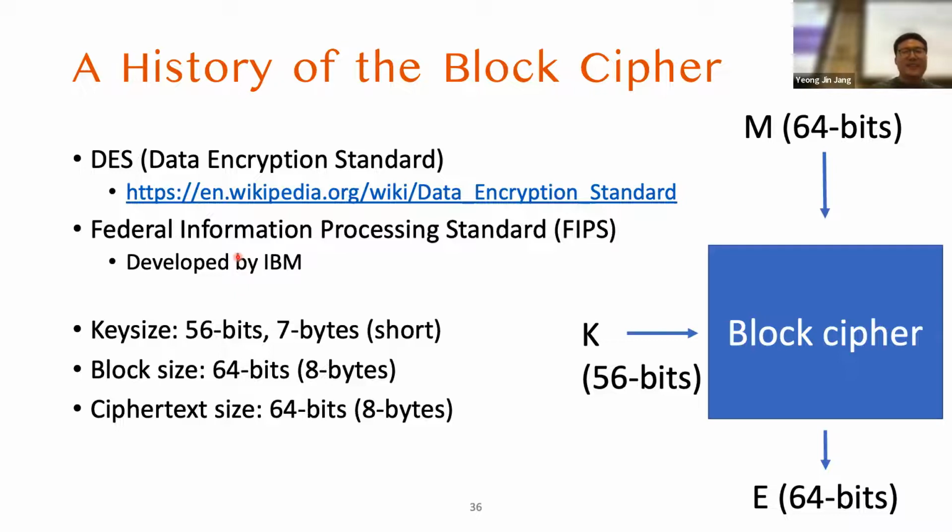And the crypto scheme was developed by IBM, but later it was adopted by the Federal Information Processing Standard, FIPS. If you're working in the security sector, you will see a lot of FIPS 140, those kinds of numbers.